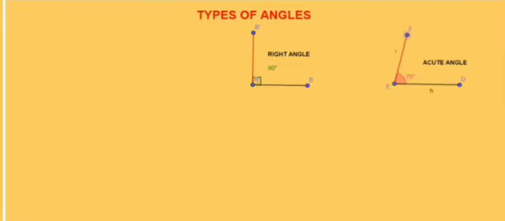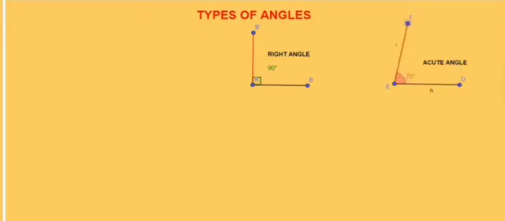You can make so many acute angles. Here 90 degree is this. Then less than 90 degree means you can, that is an acute angle. So look at here, angles less than 90 degree and greater than 0 degree are called acute angles.